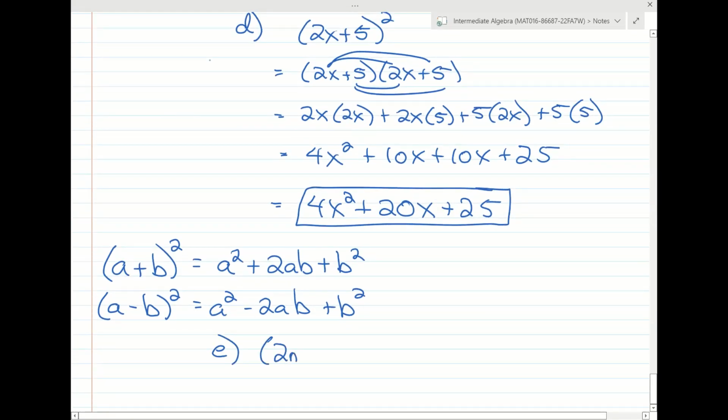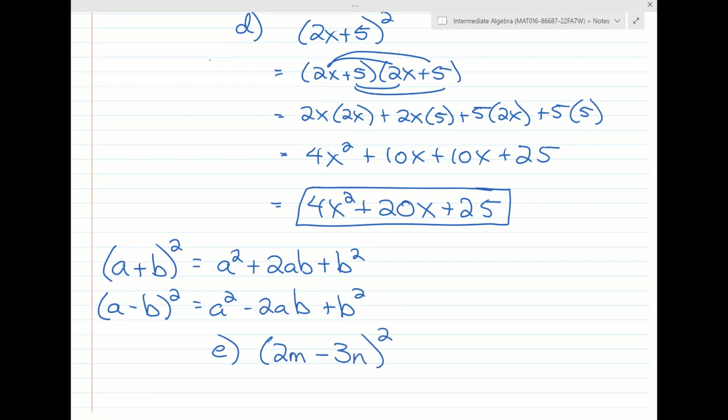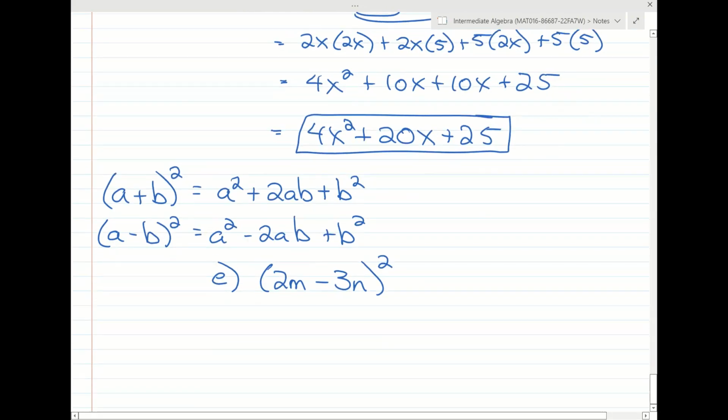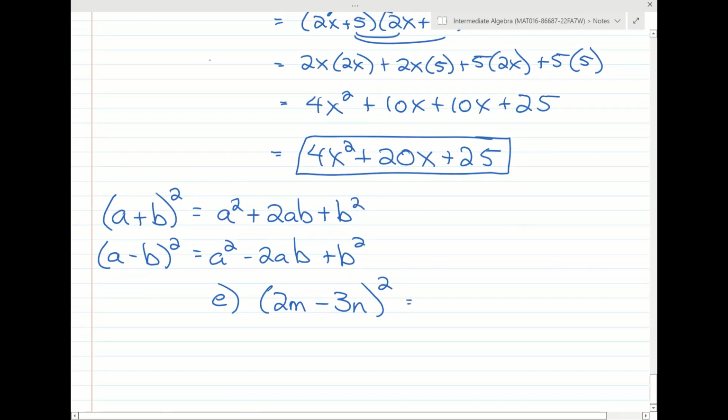What if we had 2m minus 3n to the second? You could use the shortcut that I showed you, or you could just do it the long way. Both techniques are still pretty easy. Using the shortcut, we could just square the first term, so 2m to the second.